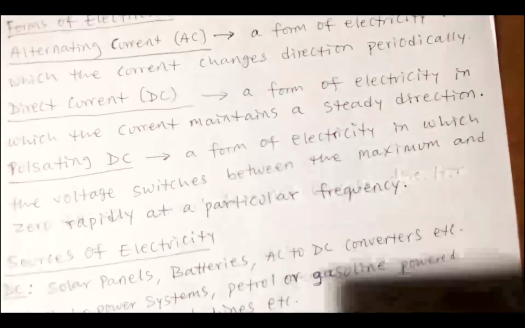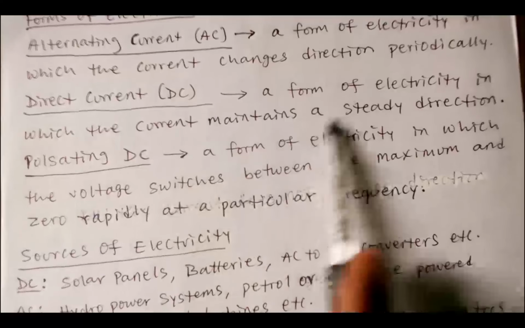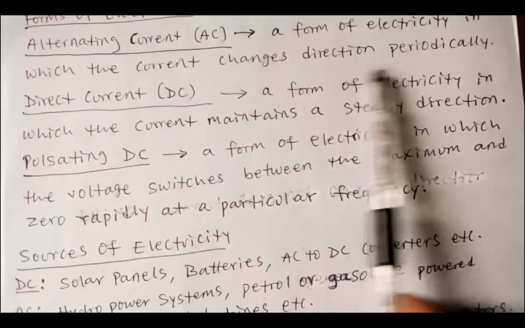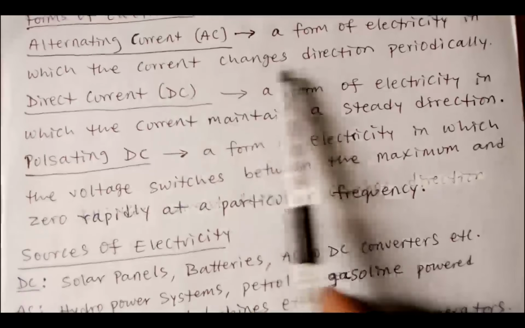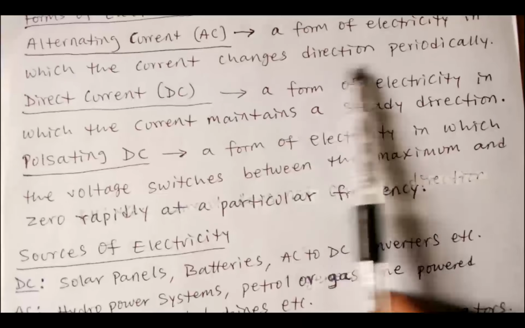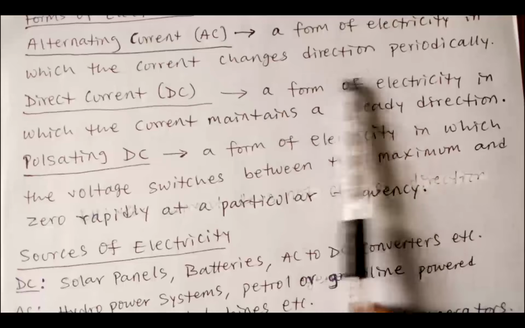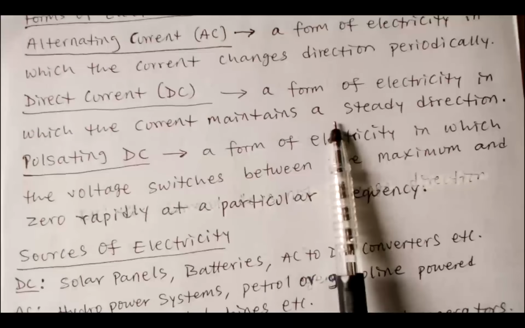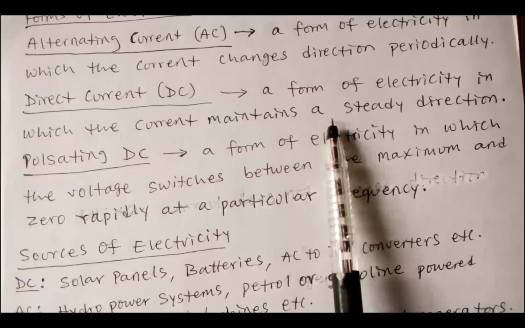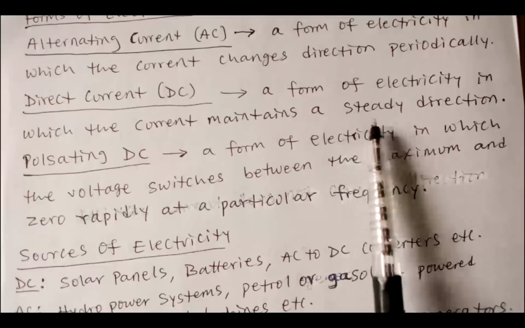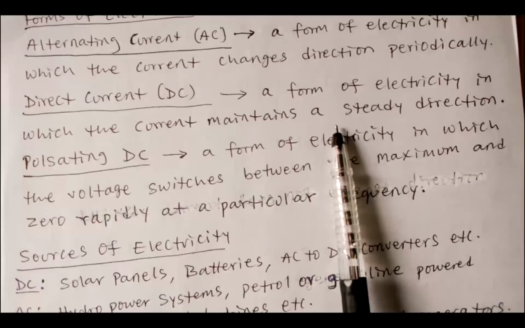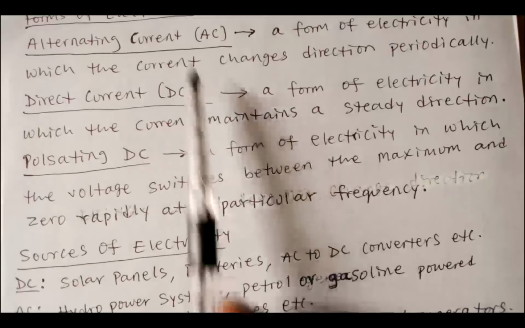So in DC voltage, the current does not change direction. In AC voltage, the current changes direction periodically. You understand? While in DC, the current maintains a steady direction. So that's why we have positive and negative. We don't use positive and negative in AC voltage.